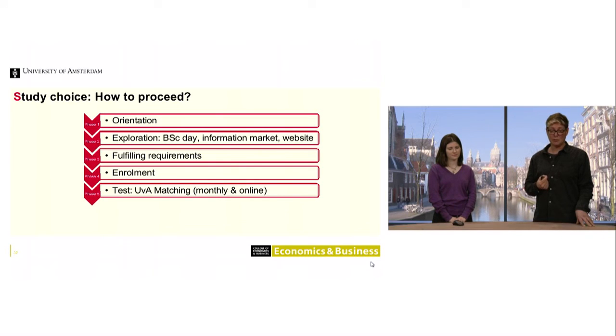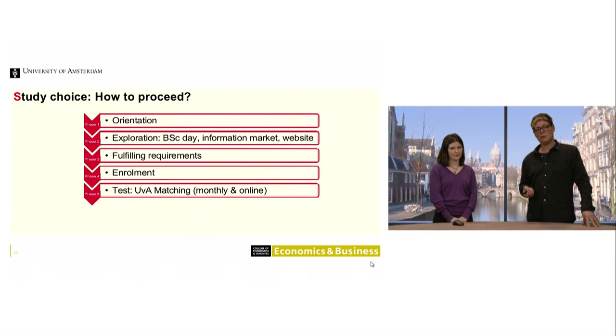But as I told you before, there's a test involved, but it's not saying something about your right to enroll. The fulfilling of requirements has been checked already. So it's a non-binding study advice. This is the way you could see it.